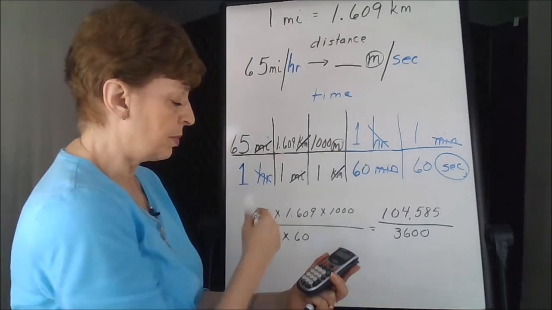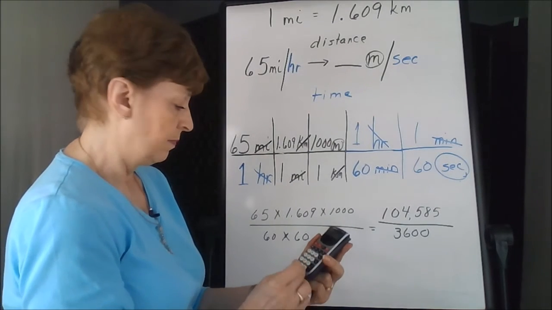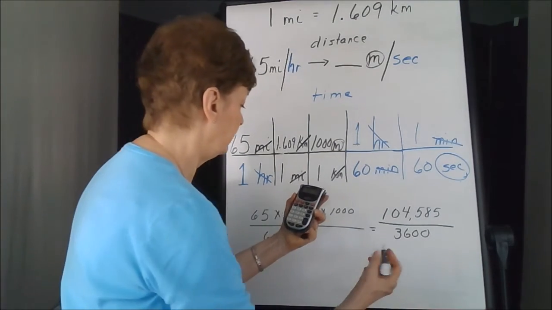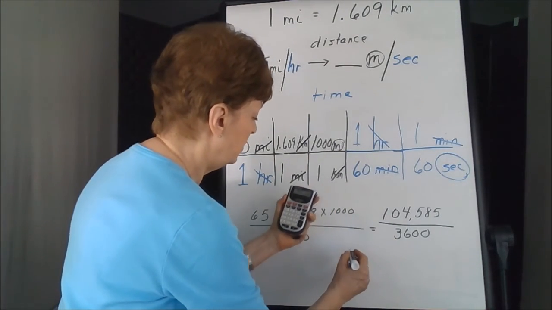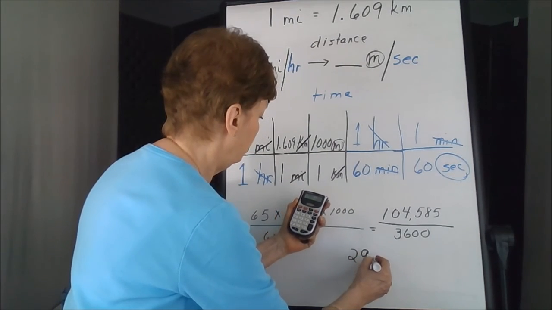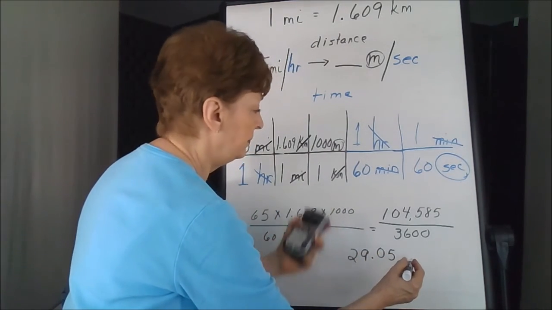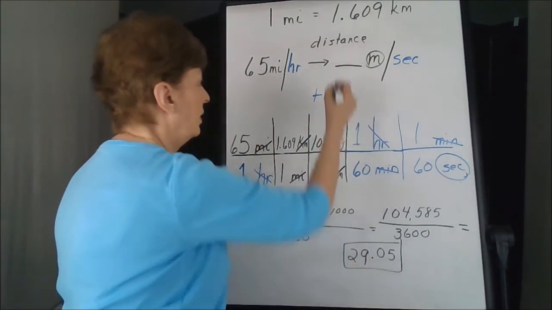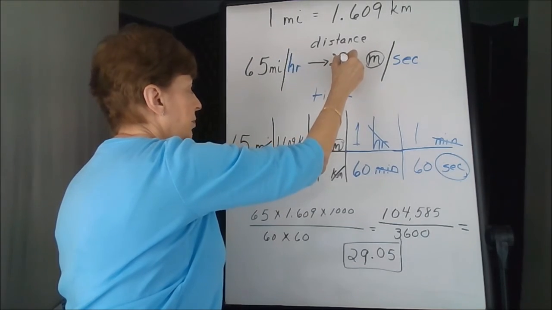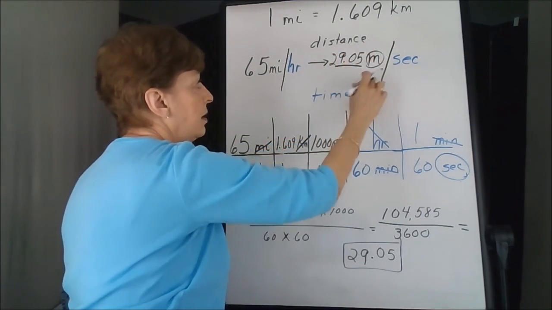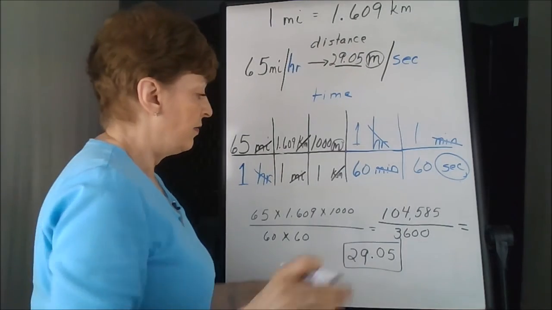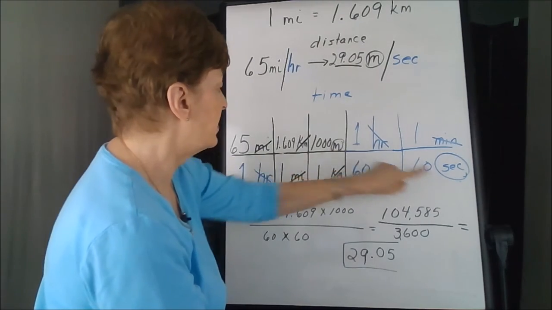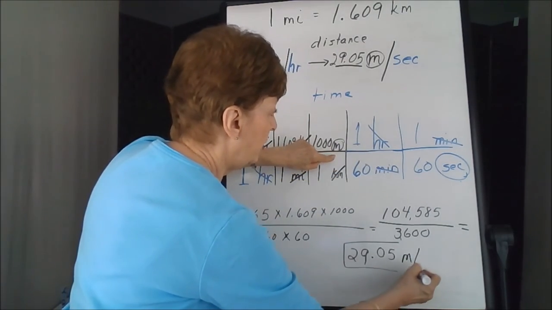But these are the kinds of problems where it's efficient to do it that way. Divided by 3,600, and we get 29.05 meters per second. And if I had to label my answer here, I would go back to my problem and take the circled parts that I did, meters per second.